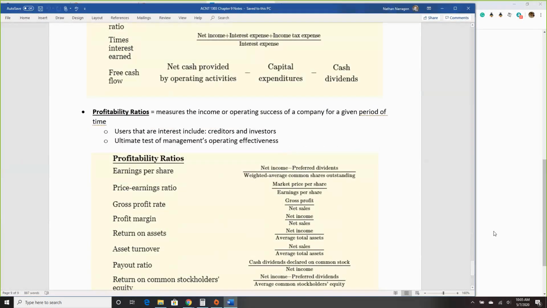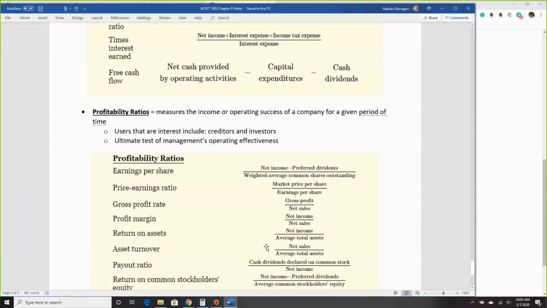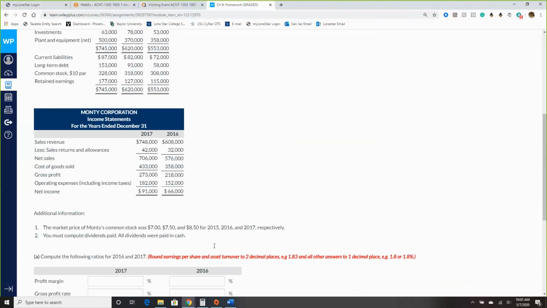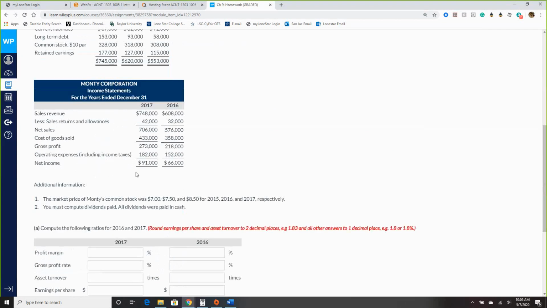Profit margin: net income divided by net sales. So for 16, down here, net income divided by net sales. Oh, that's not net sales. This is net sales.